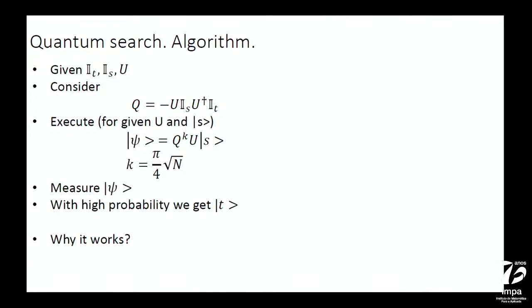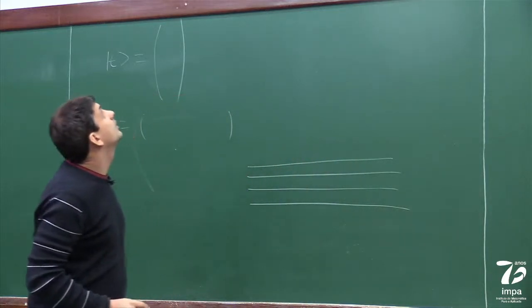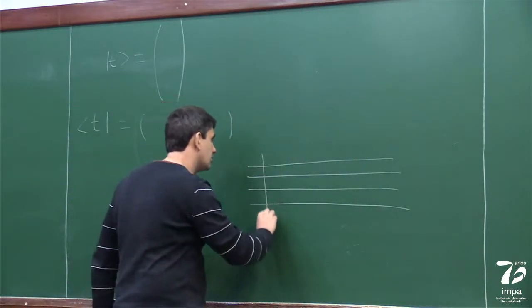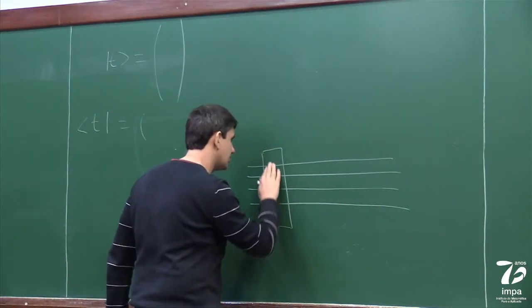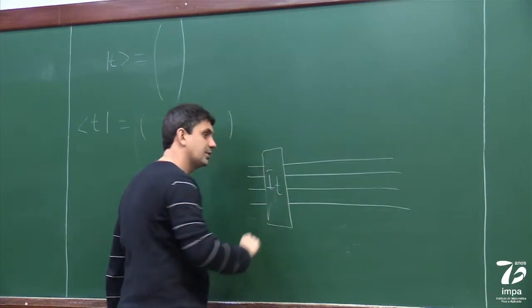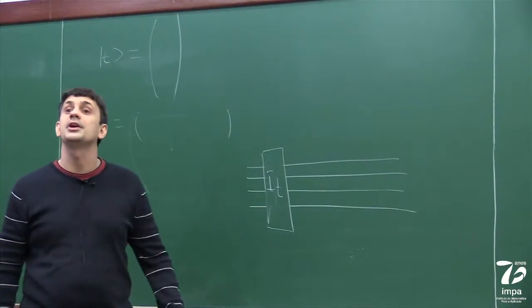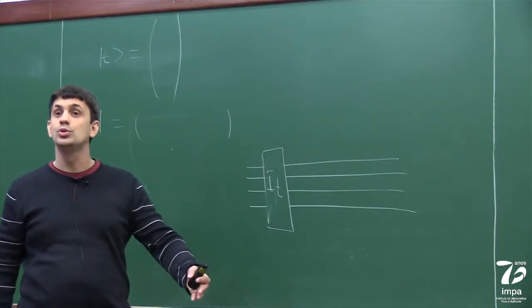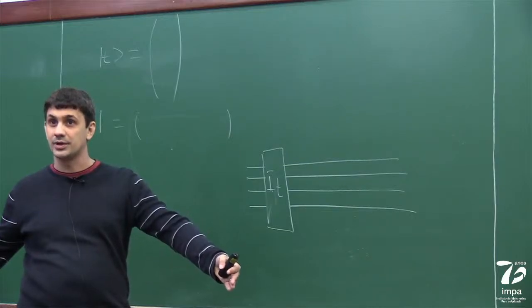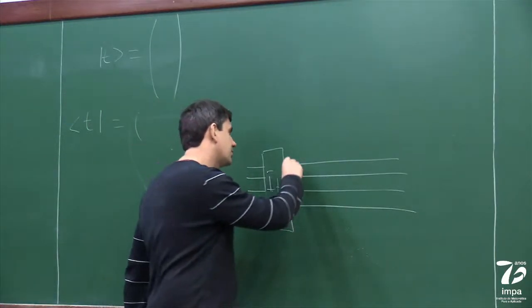Yes, and let me draw a scheme of how it is. So I have here several qubits. I first do this IT, which is a black box, and I don't know how it is implemented. After this, I use U inverse. In my case, U was Hadamard operators, so the inverse of the Hadamard operator is the Hadamard operator.